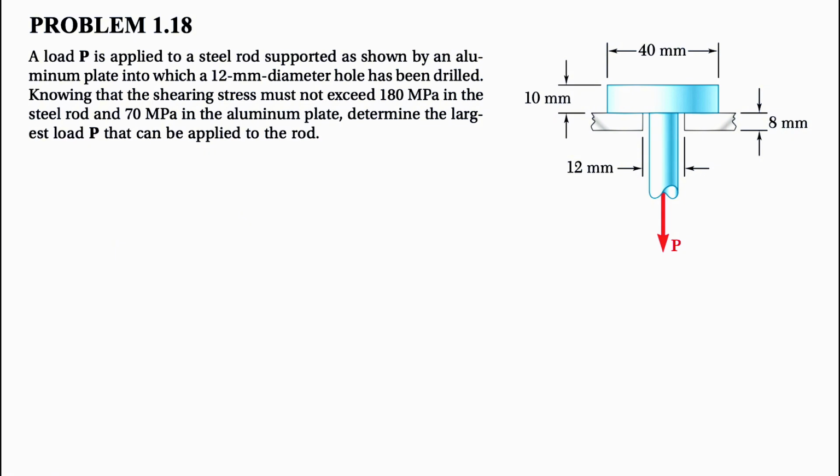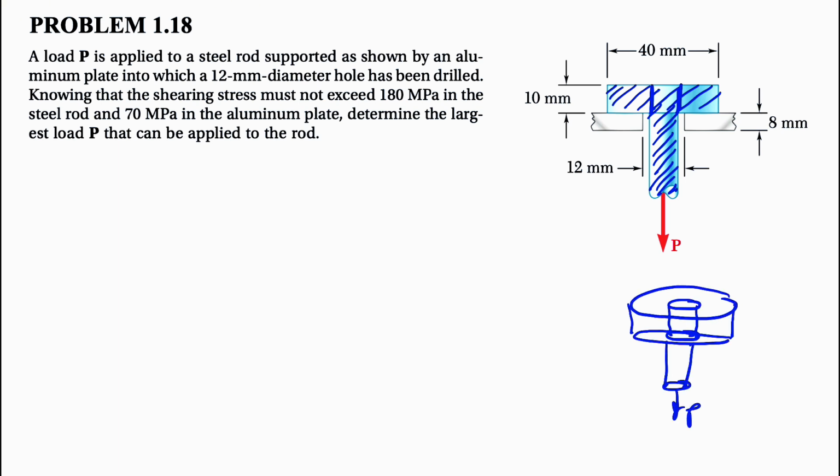If you look at the figure, we have this steel rod that I'm showing in here. We have the information about all the dimensions, and the force P is applying to this steel rod. So this is going to experience a shear stress in here. If you look at it as a 3D view, the force P is applying in here, and in this area that I'm showing, it's going to undergo the shear stress.